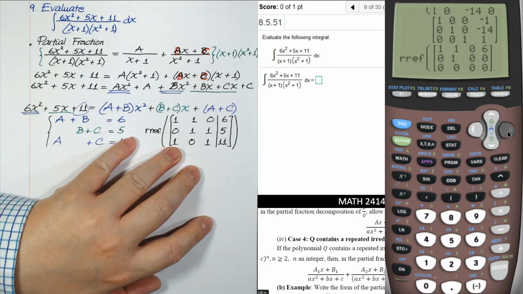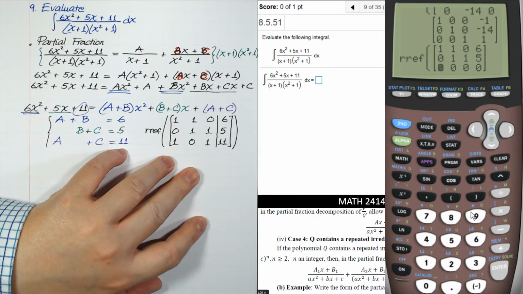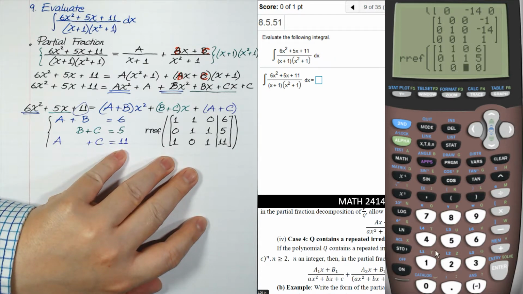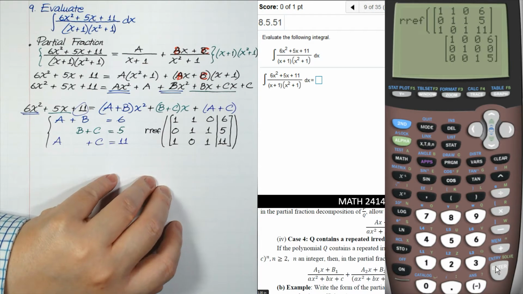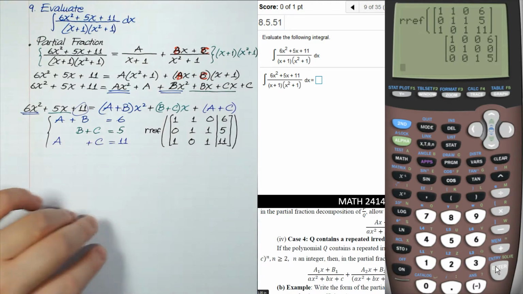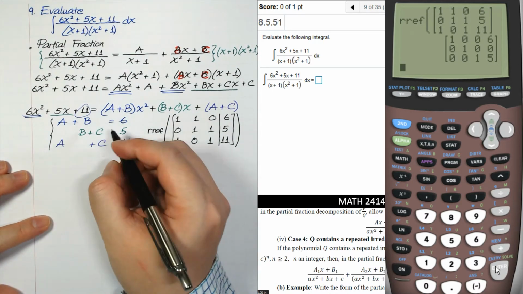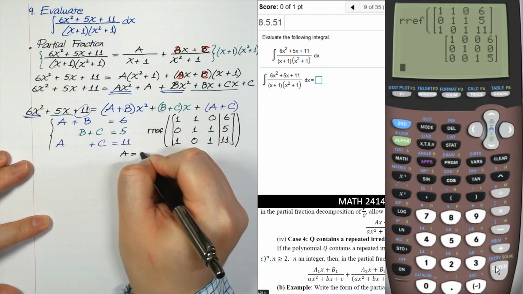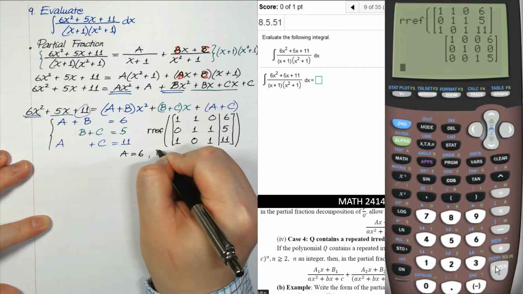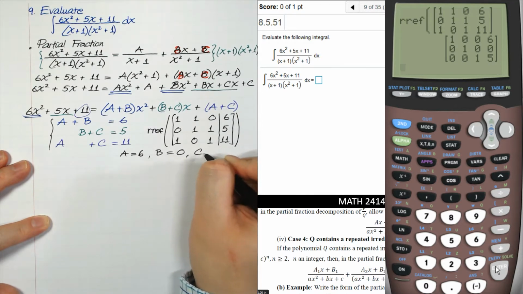No A, 1 for B, 1 for C, and 5. 1 for A, 1 for C, and 11. Right, 6, 0, and 5. So A is equal to 6, B is equal to 0, and C is equal to 5.